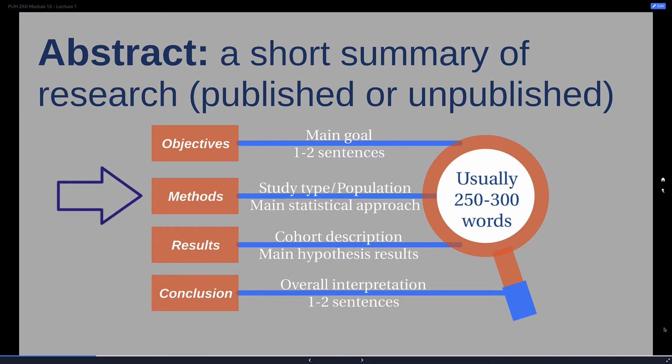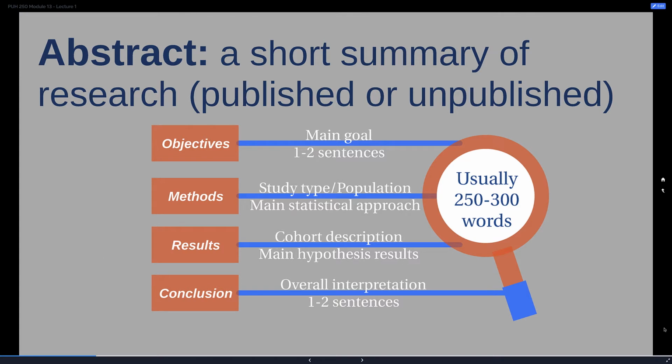The methods section will talk about the study type and population, and it will cover the main statistical approach for the primary hypothesis and maybe one additional hypothesis.